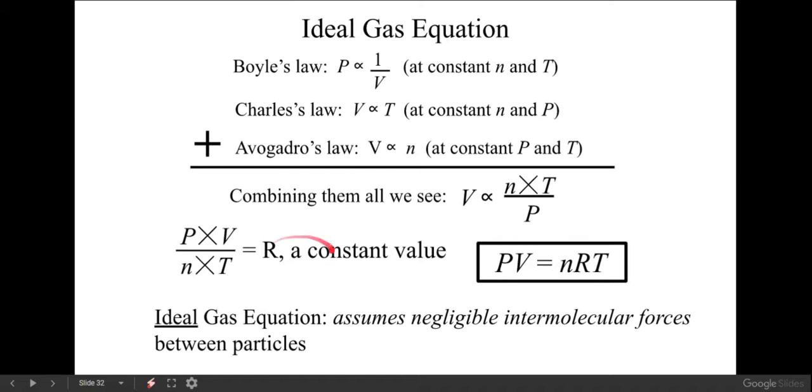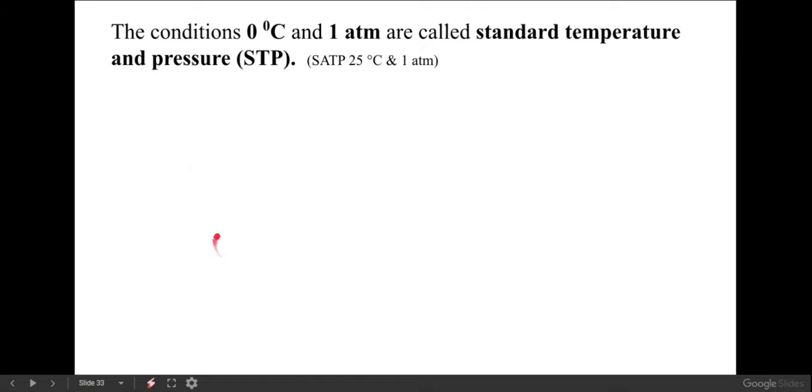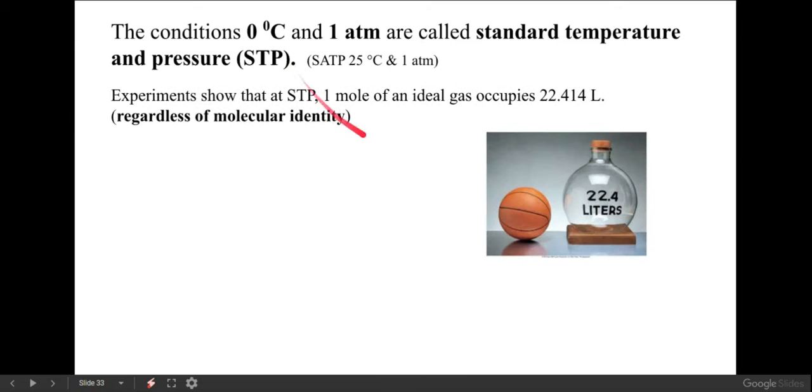So for starters, we need to figure out what the value of R is. To do that, we're going to set a few standards like temperature and pressure. We're going to set it to 0 Celsius and pressure to 1 atmosphere. And if we do that, if you look at any gas, 1 mole quantity of any gas, regardless of the identity, it will take up 22.4 liters worth of space.